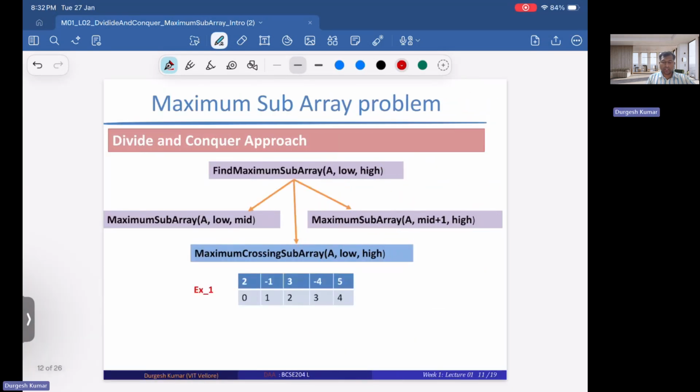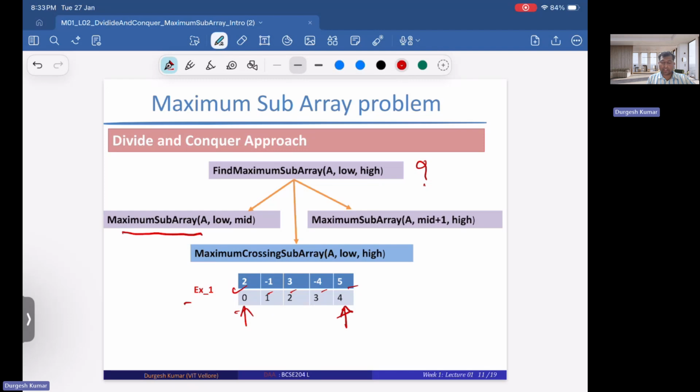So let us see this with an example. Suppose this is a small example where the elements are 2, minus 1, 3, minus 4, 5. What will be the solution for this? If you are trying to find the maximum subarray in the lower half, low equals 0, high equals 4.